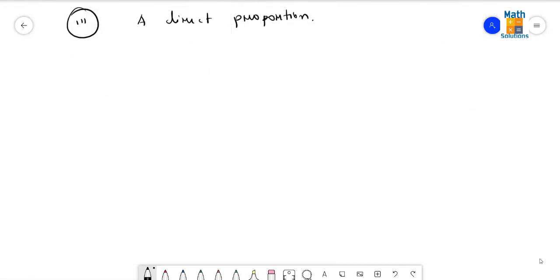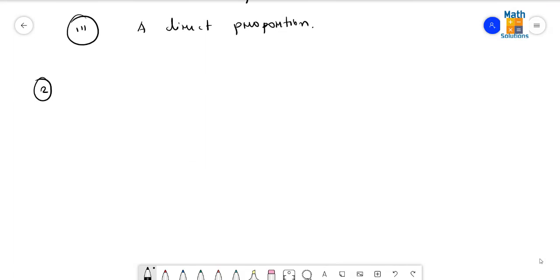After that, coming to question number 2, what is given here? In a television game show, the prize money of rupees 1 lakh is to be divided equally amongst the winners. Complete the following table and find whether the prize money given to an individual winner is directly or inversely proportional to the number of winners.